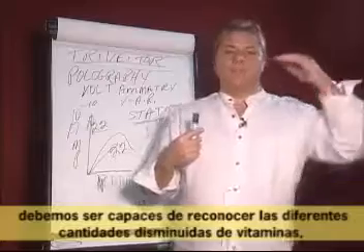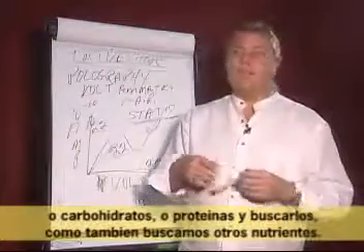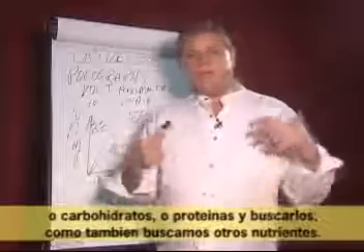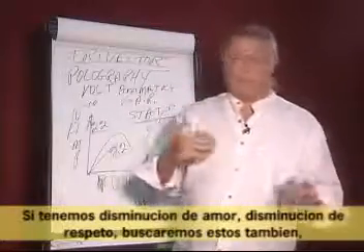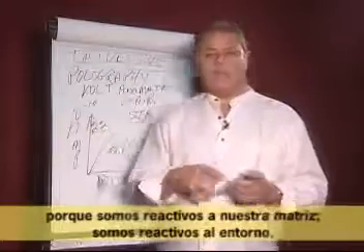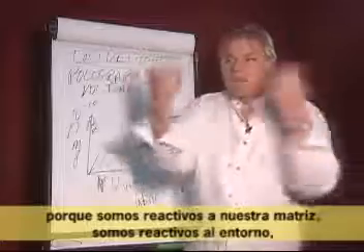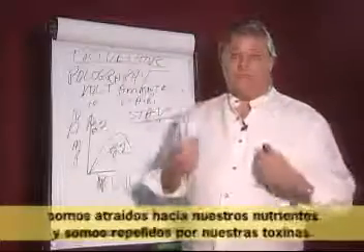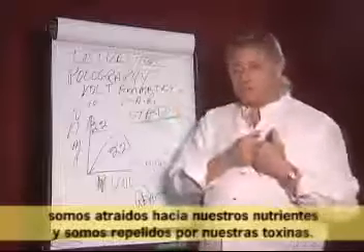We have to be able to recognize the diminishing quantity of vitamins or carbohydrates or proteins and seek those out, as we seek other nutrients as well. If we have diminished love or diminished respect, we will be seeking that as well, because we are reactive to our matrix. We are reactive with the environment. We are drawn towards our nutrition, and we are repelled away from our toxins.